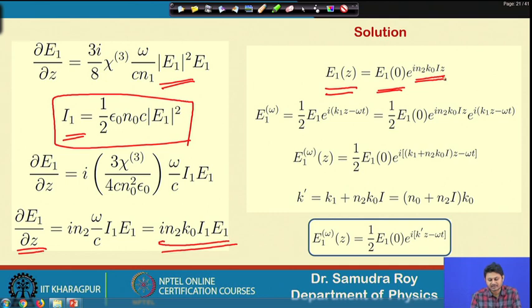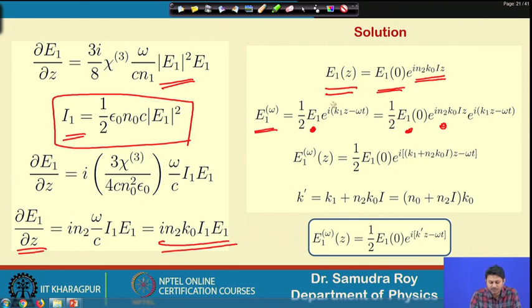We will see that in the next class also, but here if I want to find out the total electric field E1 omega, which is half of E1 e to the power i k1 z minus omega t, then this E1, which is the amplitude of this quantity, can now be replaced by this solution. So, I write E1 0 and then the corresponding phase.